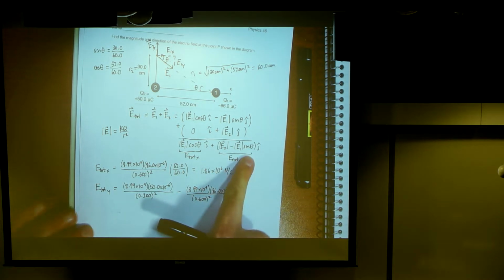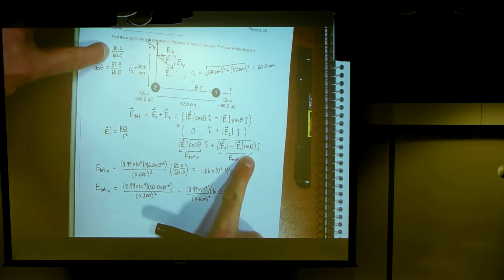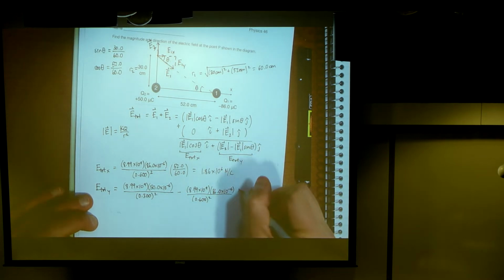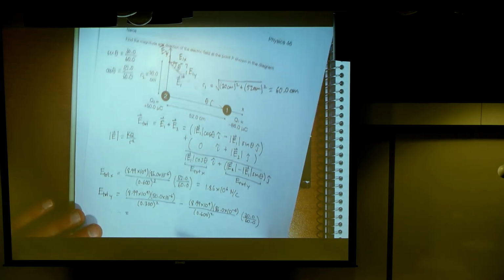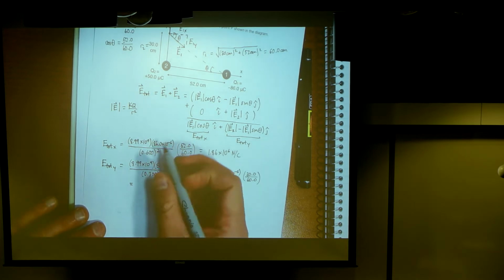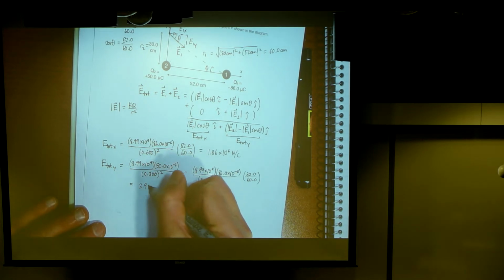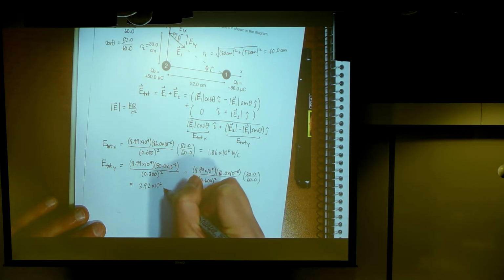But again, we're multiplying by sine theta, which is 30 over 60. Now this works out to something positive. What do we get for this one? We get 3.92 times 10 to the 6 newtons per coulomb.